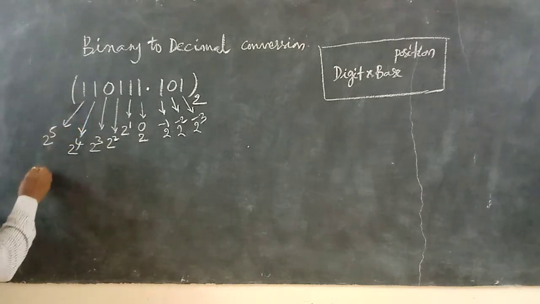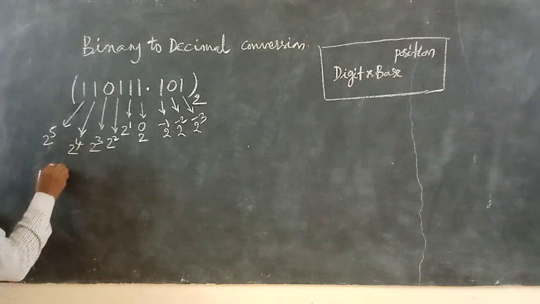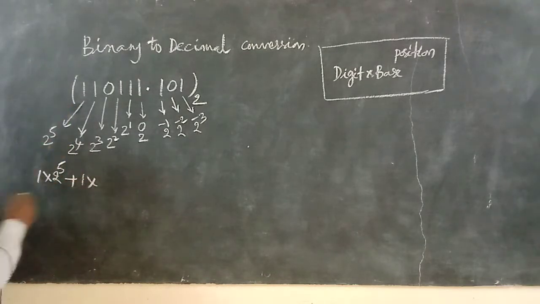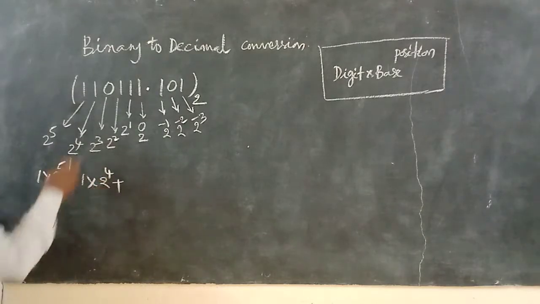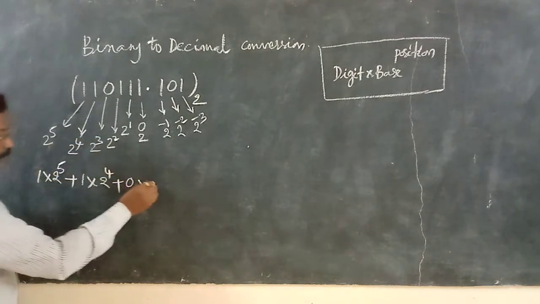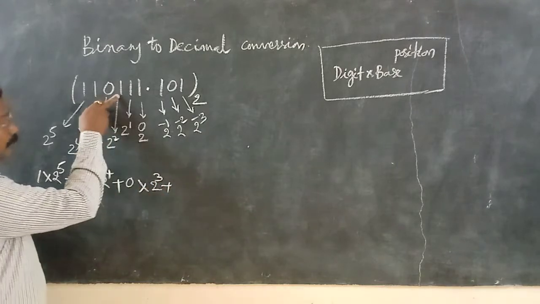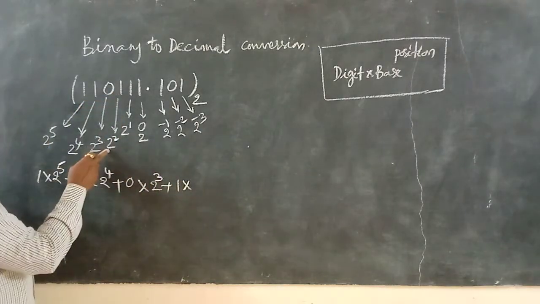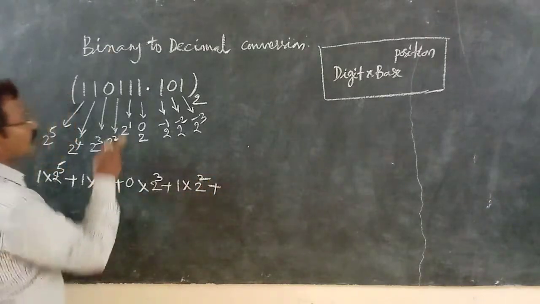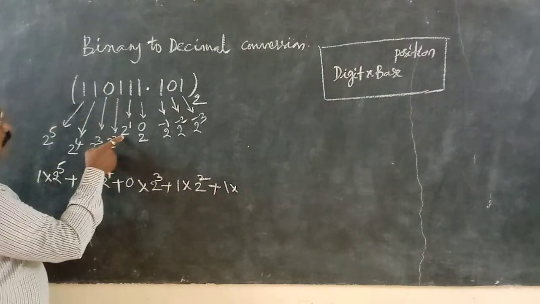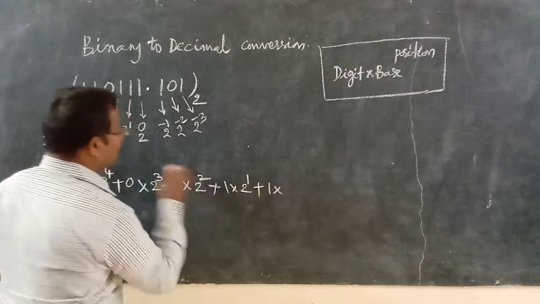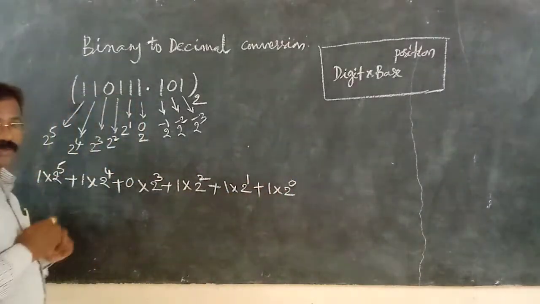So digit 1 into 2 to the power of 5, plus the next bit 1 into 2 to the power of 4, plus digit 0 into 2 to the power of 3, plus the next bit 1 into 2 to the power of 2, plus 1 into 2 to the power of 1, plus 1 into 2 to the power of 0. That is about the integer part.